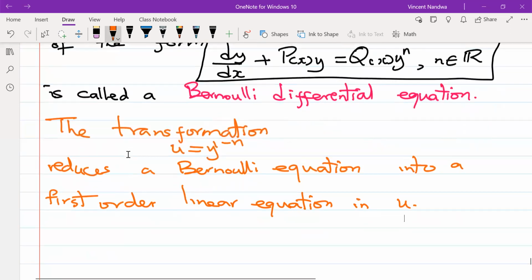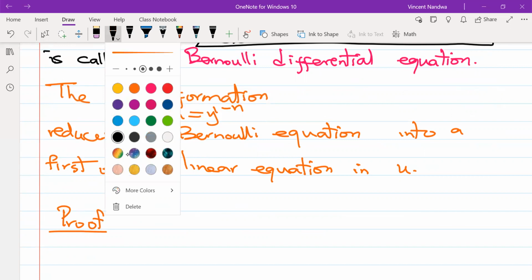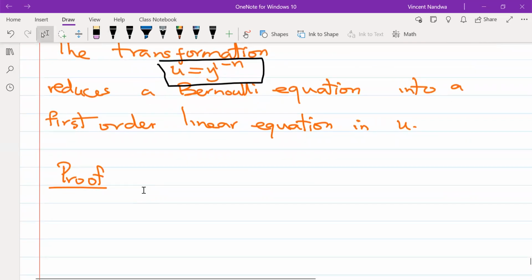So let's quickly confirm this. And it is this same transformation that will help us to solve Bernoulli equations. So multiply.